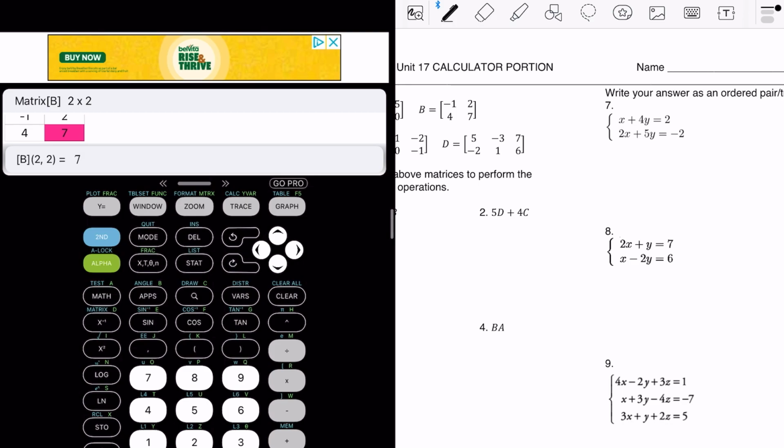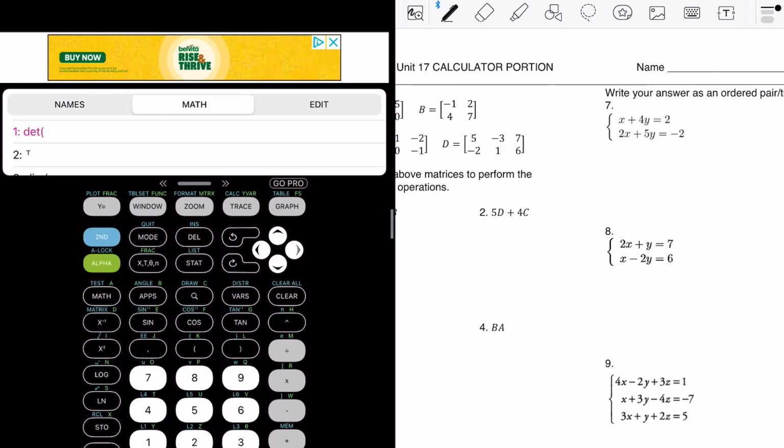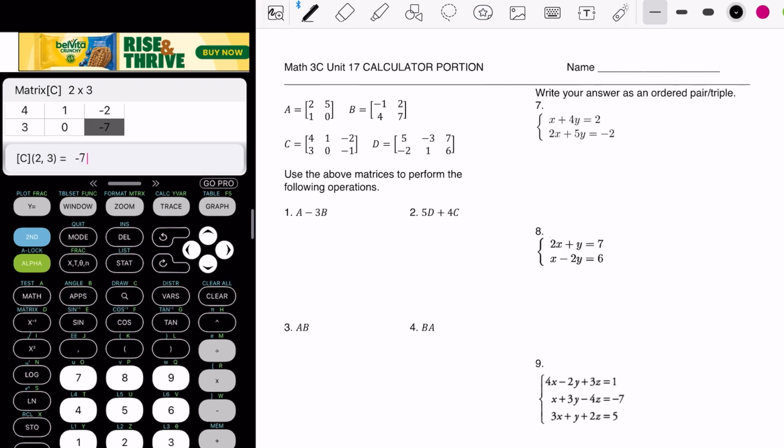And then I'm going to go back into that matrix app, scroll over to edit, go to C, and for C, we have a 3 by 2, and nope, a 2 by 3, and that's 4, 1, negative 2, 3, 0, negative 1.